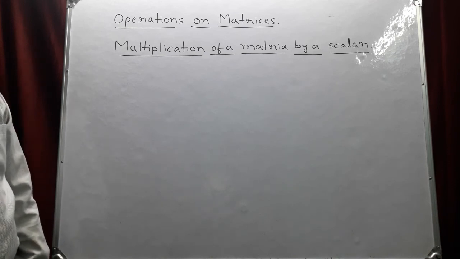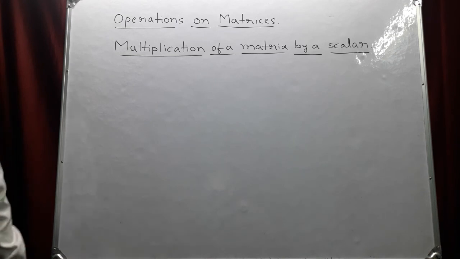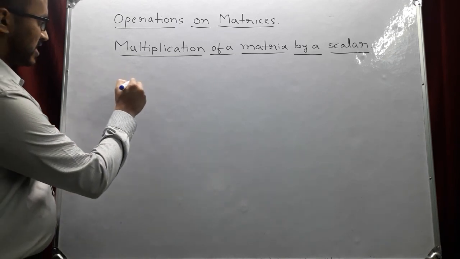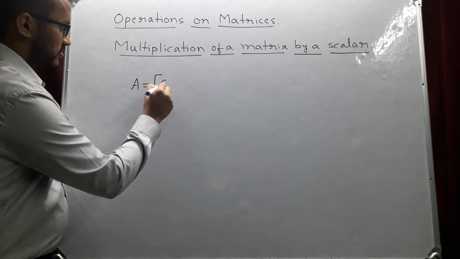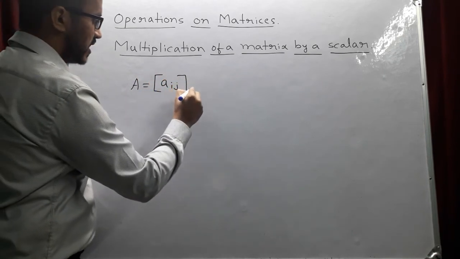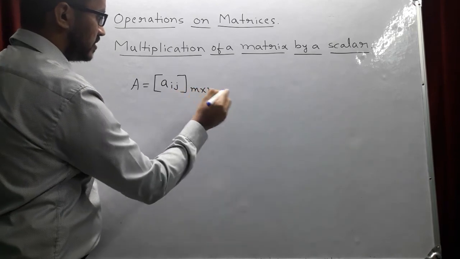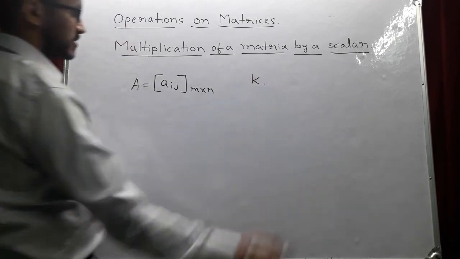Next, multiplication of a matrix by a scalar. Suppose consider the matrix A of the order m by n, and consider a scalar k.